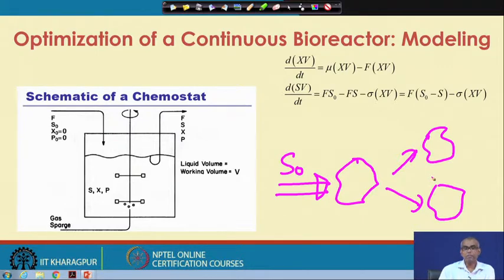So, let us define the amount of biomass and the amount of substrate in the reactor as state variables. So, what will be the change or rate of change of the biomass in the reactor?